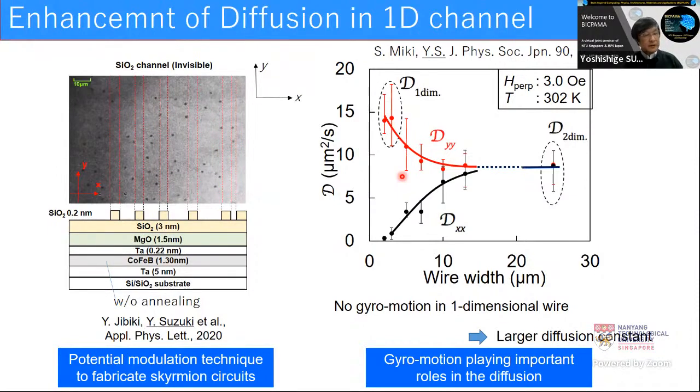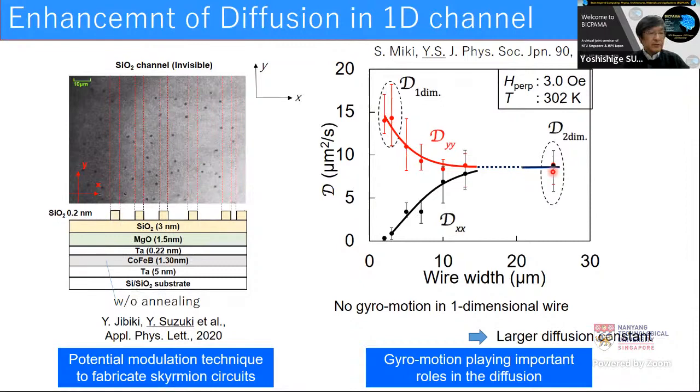Since skyrmion is a spiral particle, it does not move along the force direction and tends to move with an angle. It can be regarded as a skyrmion Hall effect or gyro motion. Because of the gyro motion, diffusion is suppressed in the two-dimensional film.